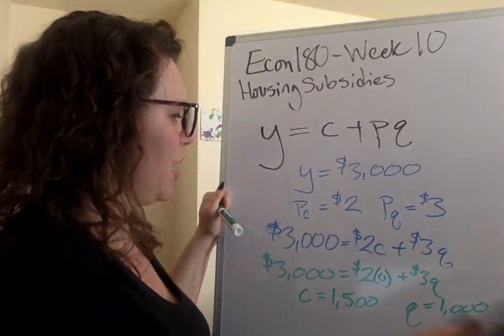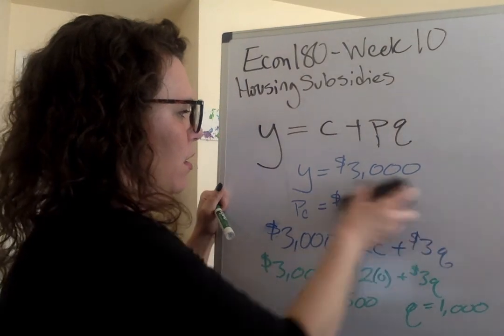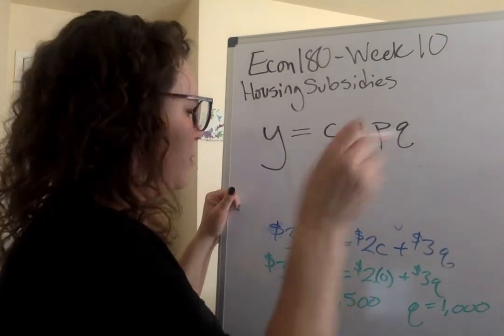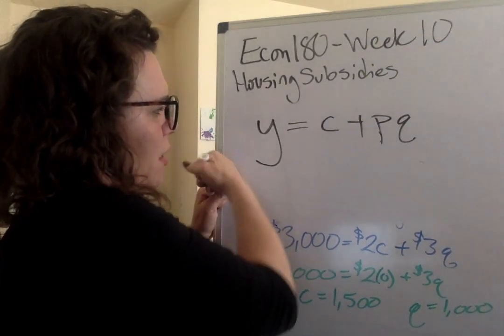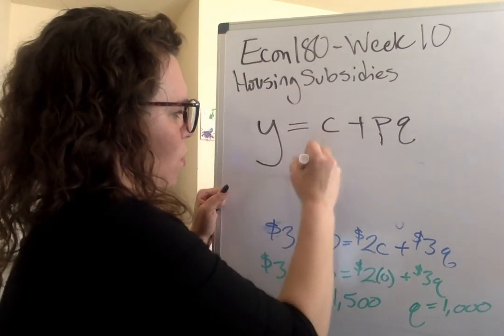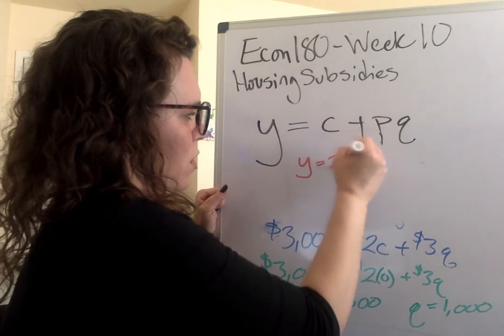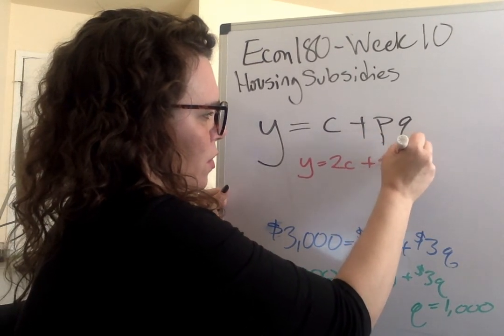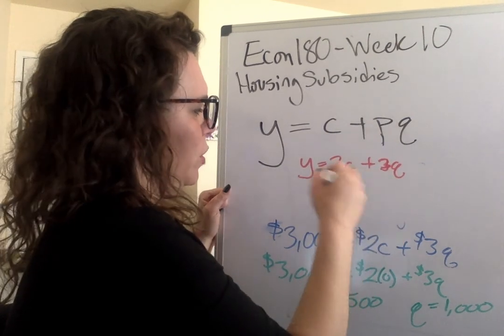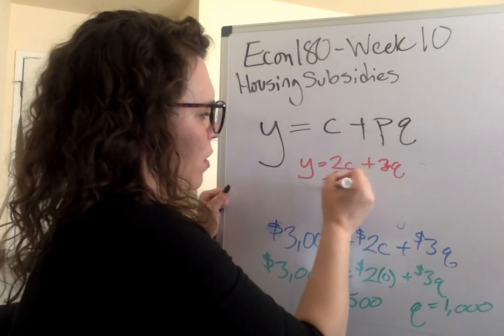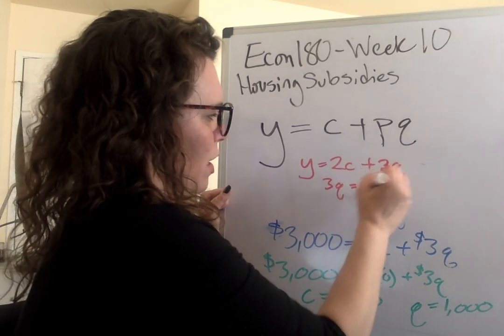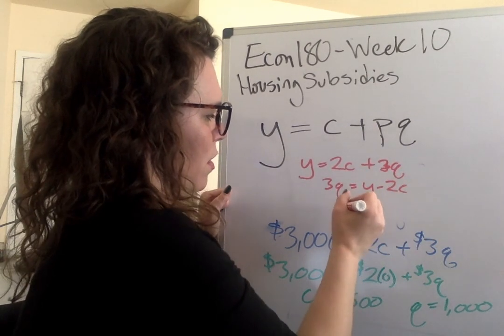So in this case, let's go over here and do that really quickly. That would be y equals 2c plus 3q. I want to solve for q in terms of c, so I'm going to get 3q equals y minus 2c.